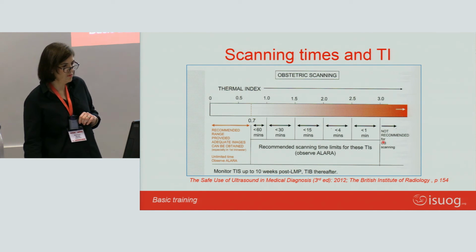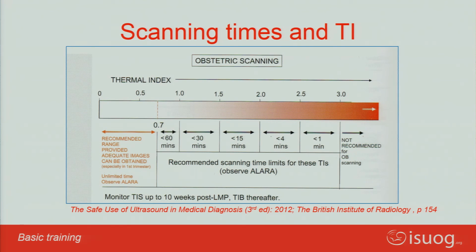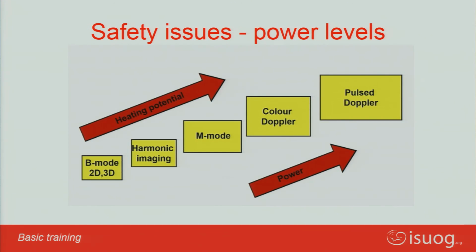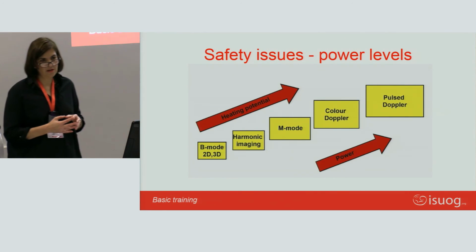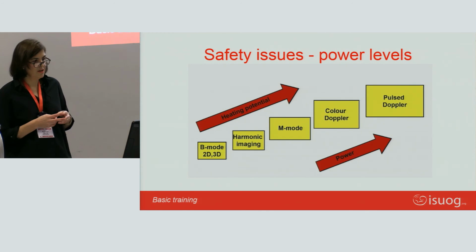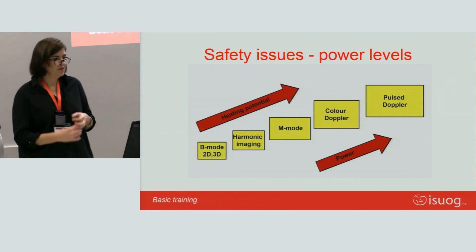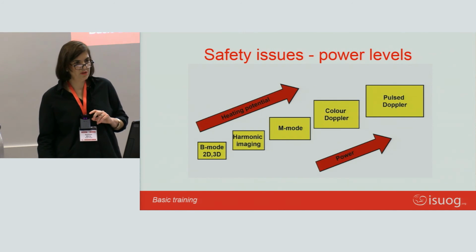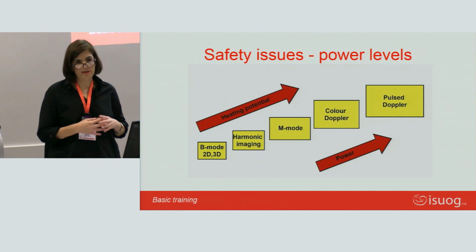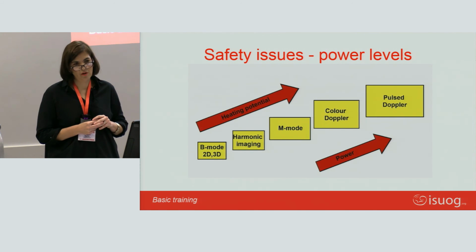And the higher the thermal index, obviously, the less time you should be exposing the fetus to ultrasound. Now, the different modes of ultrasound have different heating potentials. Sometimes we are scanning the heart with color and Doppler and B mode. So this is really important when we're scanning in the first trimester, in really small fetuses.